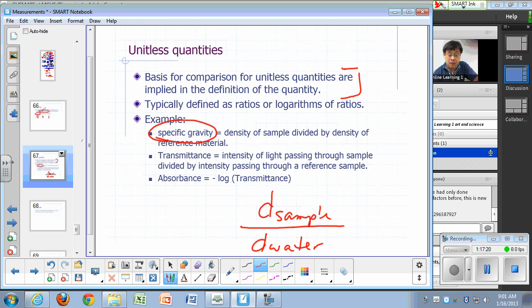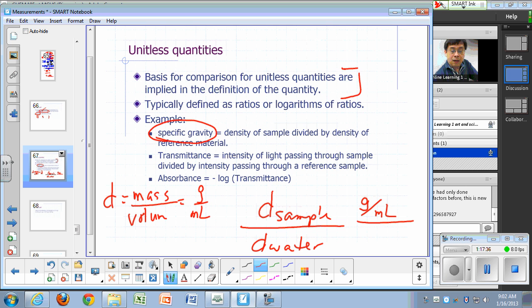So what would be the unit for specific gravity? Well, it would be the unit for density. What's density? Density is mass over volume, so it's grams per milliliter, for example. So your unit for the numerator is grams per milliliter. Your unit for the denominator is also grams per milliliter. So specific gravity is unitless.